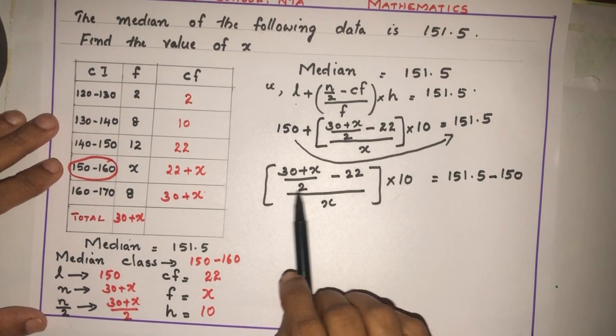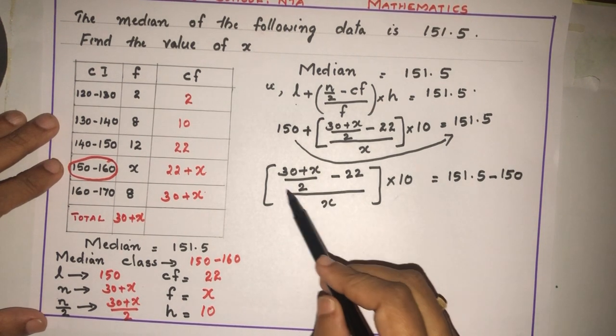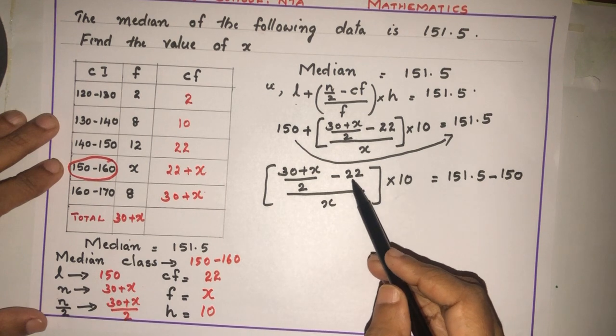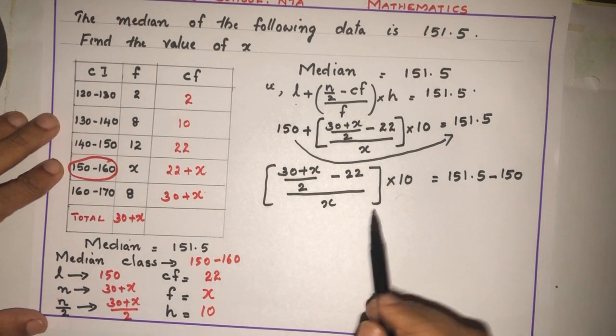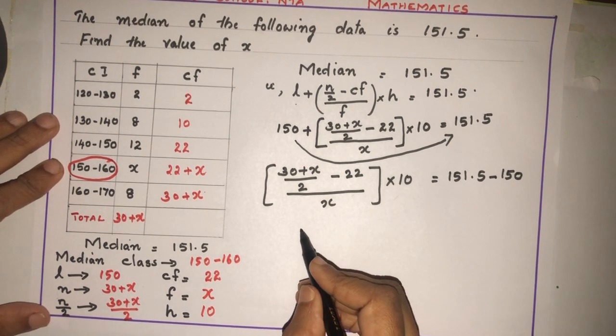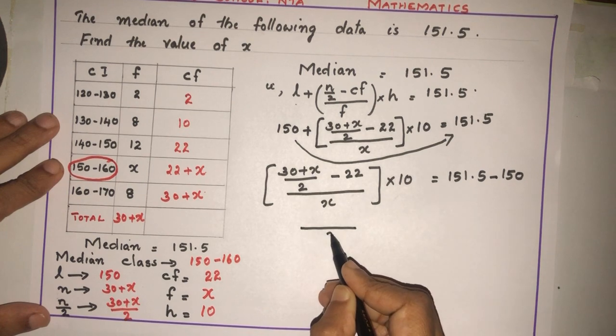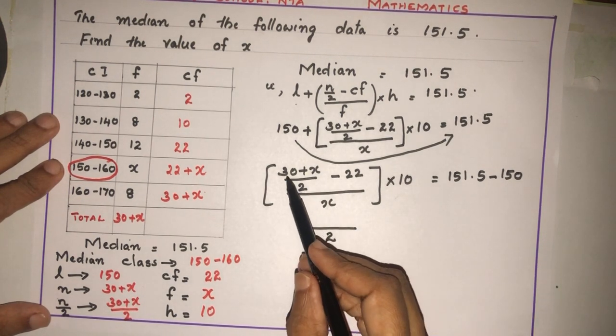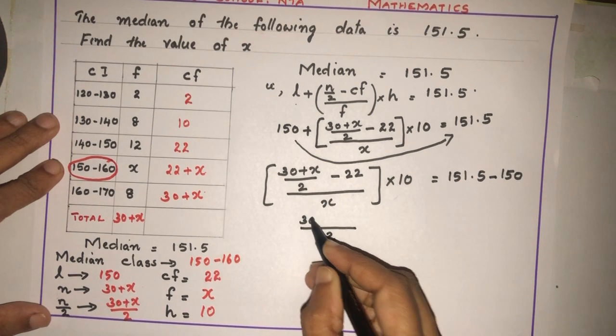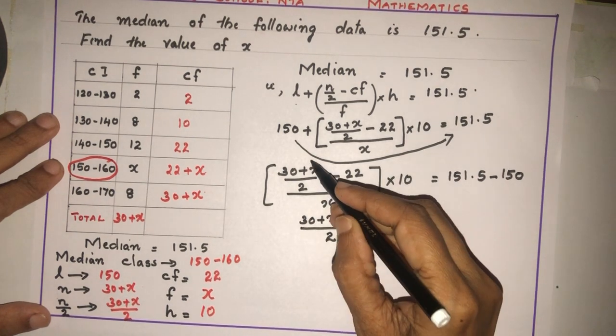Now how can we do the simplification? Here one rational form and here one whole number. So you know how to take the LCM and all. We have to write 2 as the common denominator. Now what is the numerator? 30 plus x itself for the first number.